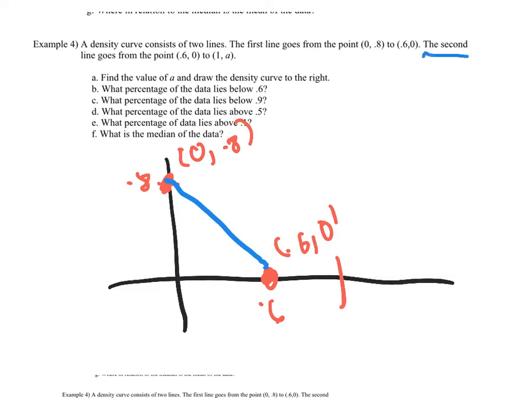The second line starts at (0.6, 0) and goes up to (1, A). Now, A is some value on the y-axis. I just don't know where it is. A could be here, up here, here, here. I don't really know.